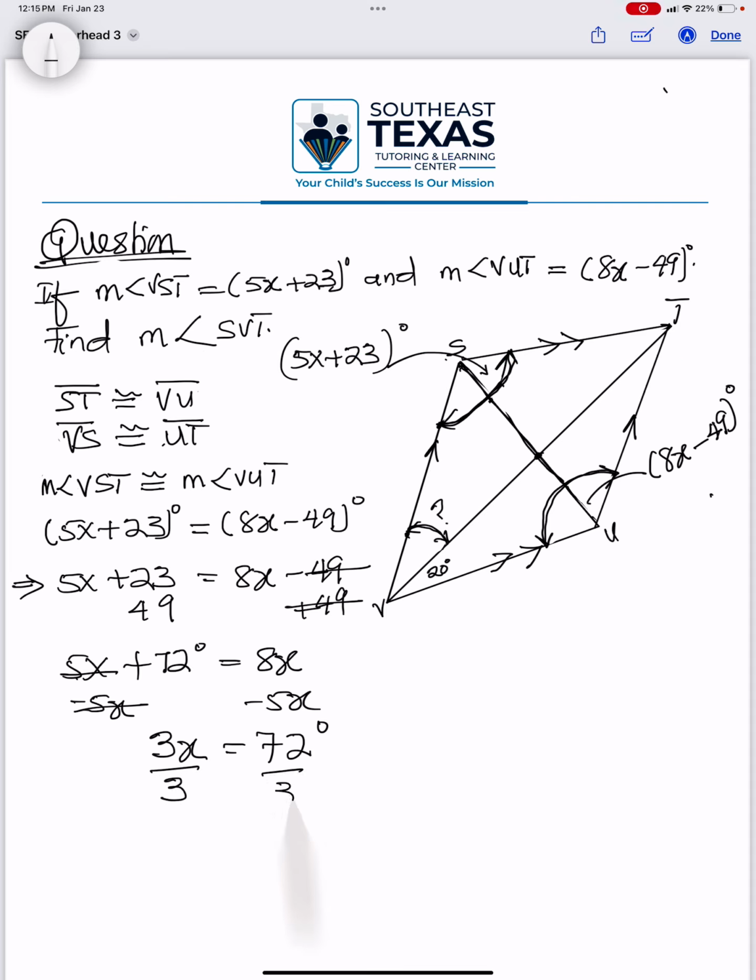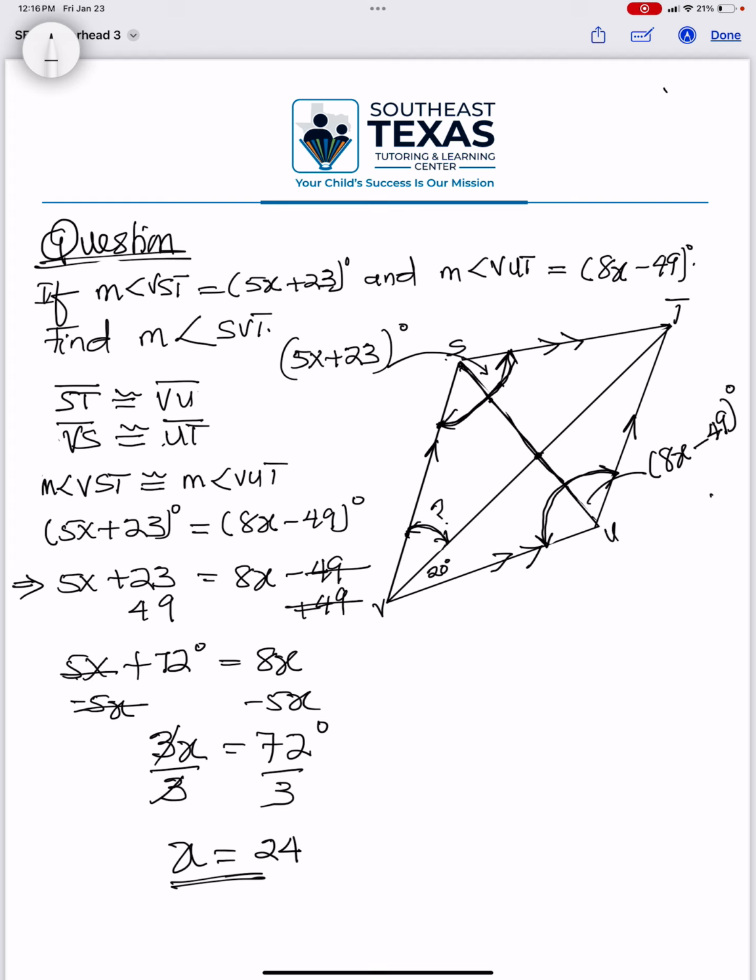This will cancel. So x here is equal to 72 divided by 3, which will give you 24. So x is 24. If x is 24, we can substitute the value of x into the equation. Then we'll go from there.